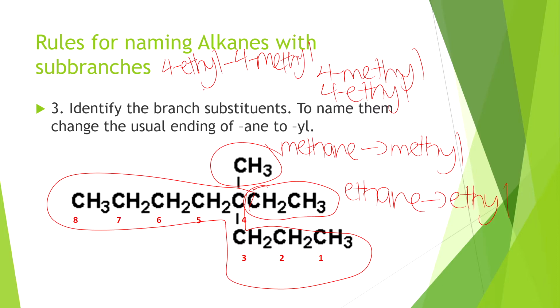And we would finish this name off with the name of the main chain. Since it's not a substituent, we don't change the name from ane to yl, we just keep it as ane. The main chain is 8 carbons long, and that would be an octane. Thus, the combined name of this organic molecule would be 4-ethyl-4-methyloctane.